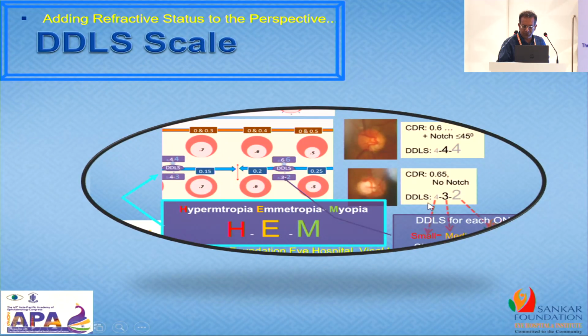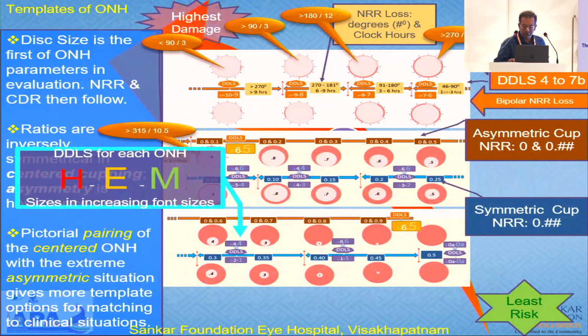So if it is myopia, we go to a lower risk. If it is hypermetropia, we go to a higher risk. So we don't have to go through all the templates, but whichever is close and similar, that is what we will use.